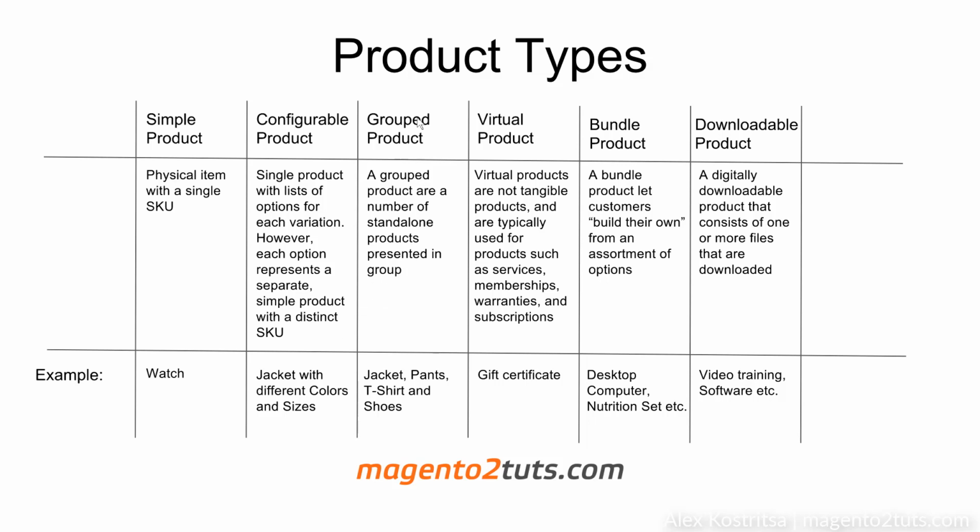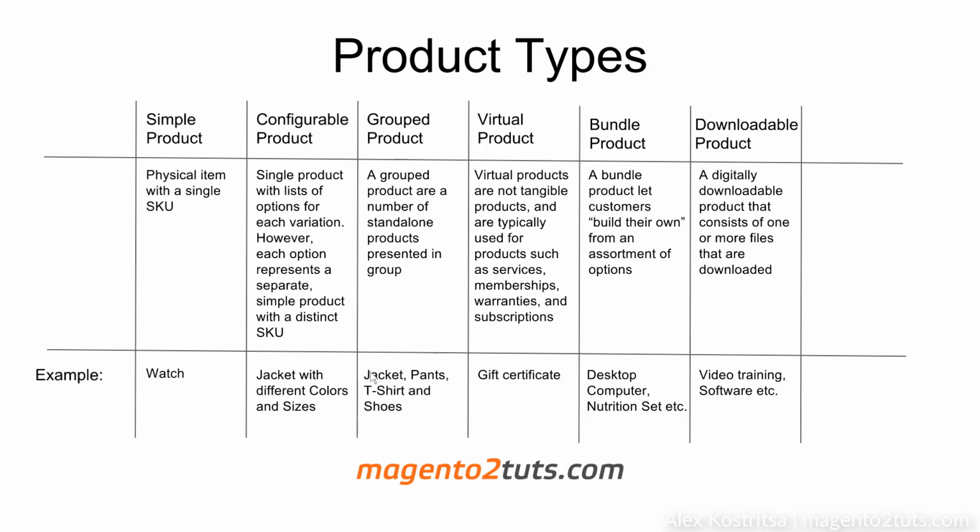The next one is a grouped product. Let's check the definition. Grouped products are a number of standalone products presented in a group. So in the previous example, we have seen a particular product and different options, size and color. In this example, we will talk about separate products. So let's say we have a nice jacket. Once again, I'm a big fan of jackets, and we have pants and shirt and shoes that will suit this jacket.